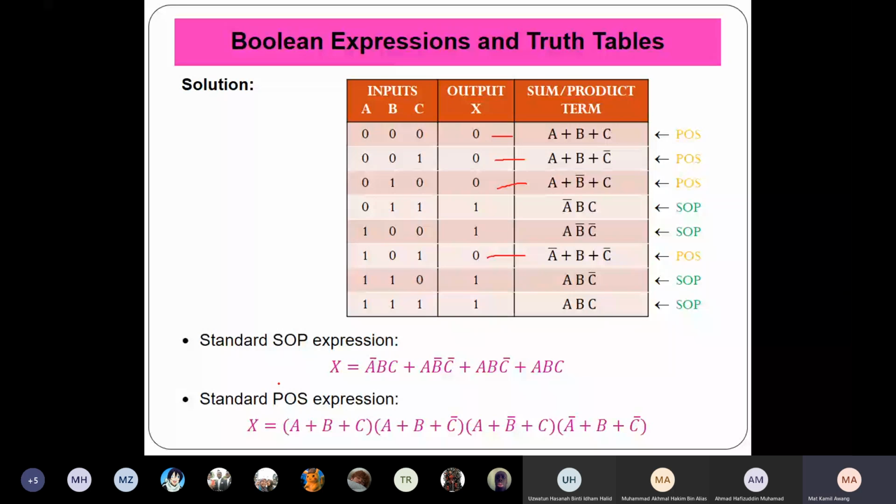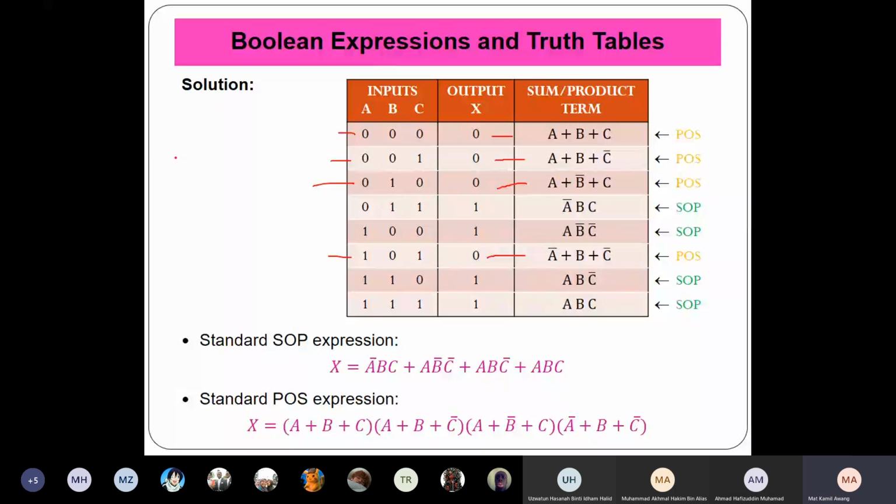So A plus B plus C, basically this, and with A plus B plus C bar, which is this, and with A plus B bar plus C, which is this one. And the last one, A bar plus B plus C bar, is this one. So that is how you write the expression from the truth table.